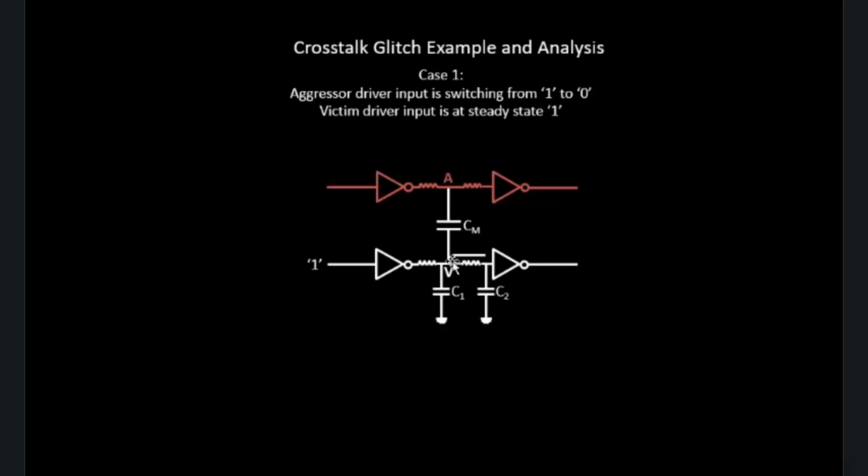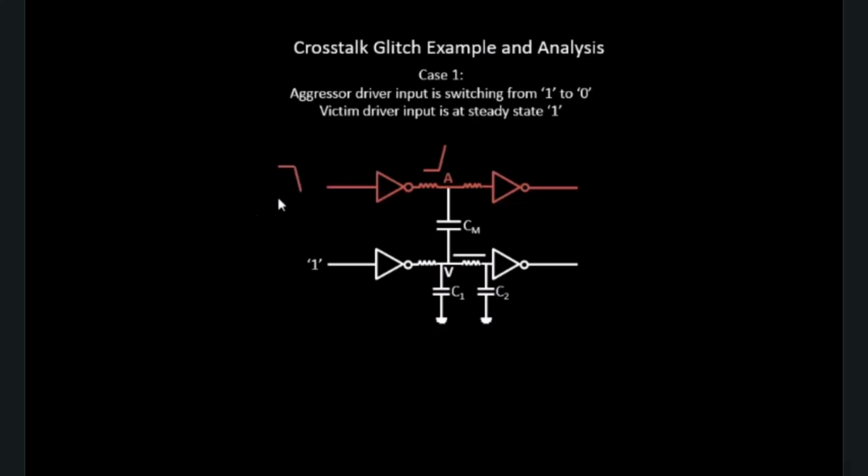This is very important to understand, what scenario or case we are looking at. That's why it is a bit repetitive. So the input is at logic 1, the output is at logic 0, constant. Now let's switch the aggressor input driver. So when aggressor input is at logic 1, aggressor output is at logic 0.